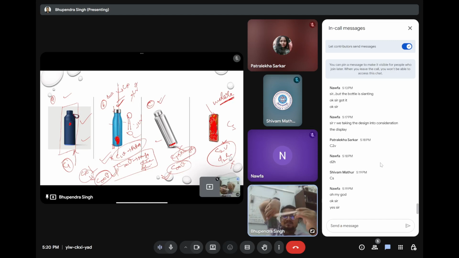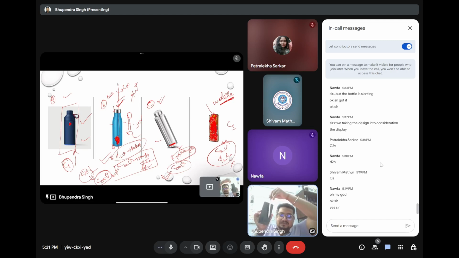Now this time it was the display you were seeing. After rotating by 180 degrees, you are seeing the back of the mobile. So the orientation is not the same for this mobile.